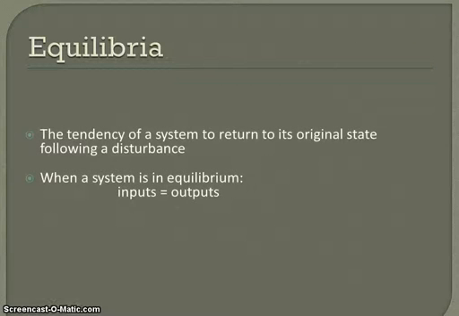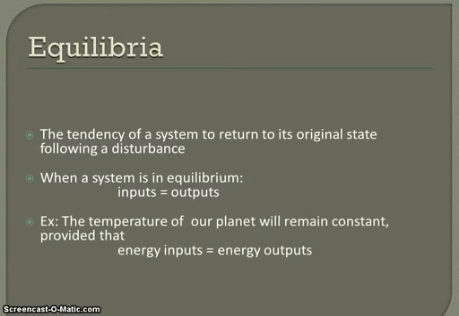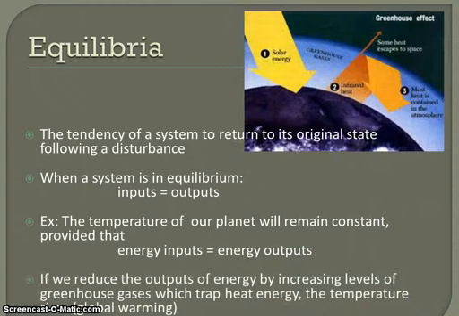So when a system is in equilibrium, your inputs are going to be equal to outputs. For example, if you look at this diagram, if the earth temperature remains constant, your energy input is going to equal your energy output. But what happens is we are reducing the output of energy. As we increase the level of greenhouse gases, we're trapping more heat.